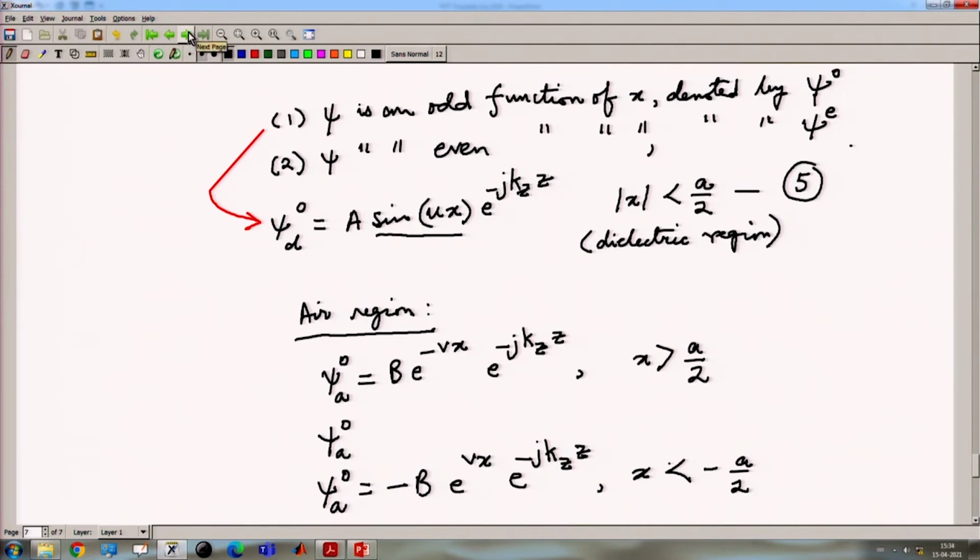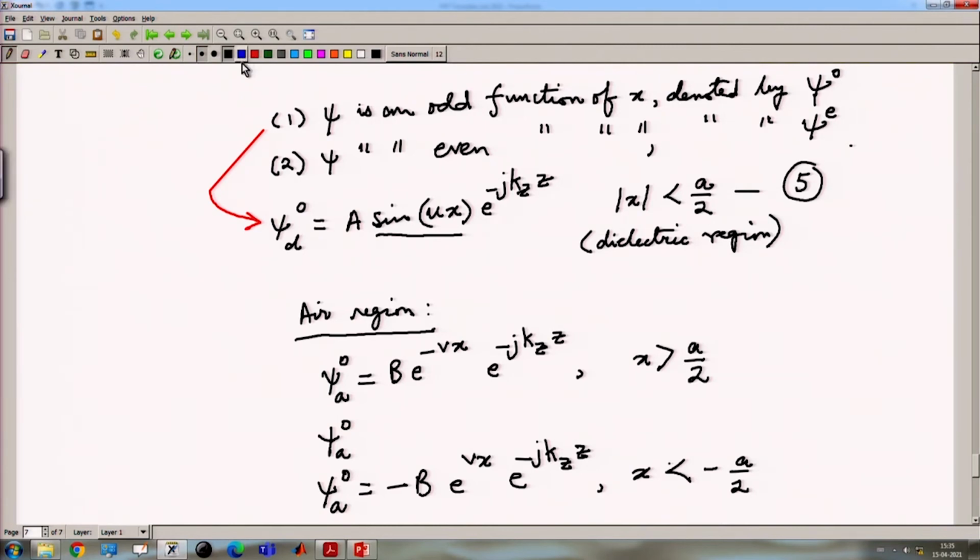The change in sign of v is to also ensure that the fields decay down to 0 when x equal to minus infinity, and for x greater than a by 2 it is e to the power minus v x, because we have to ensure that the fields decay down to 0 at x equal to plus infinity.